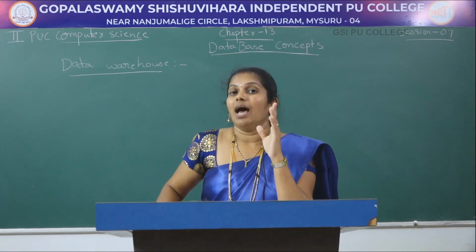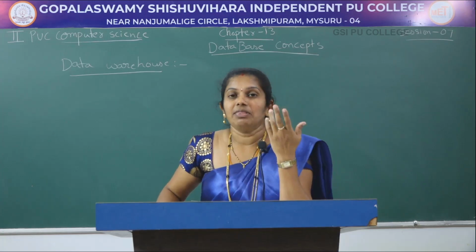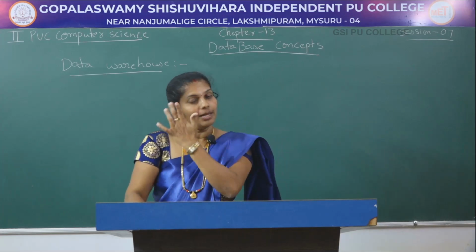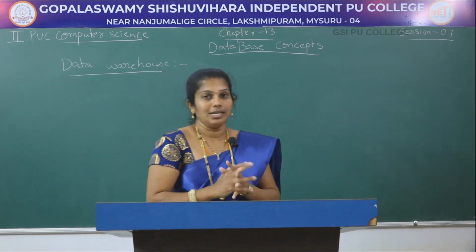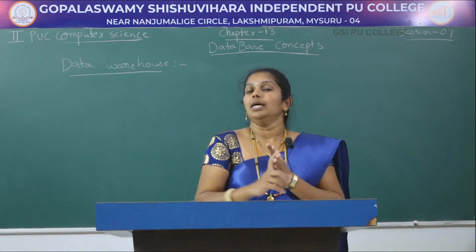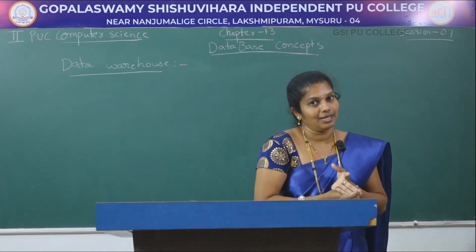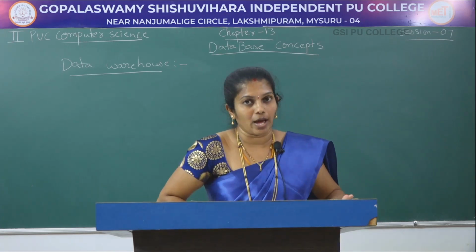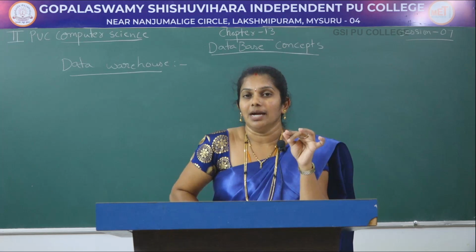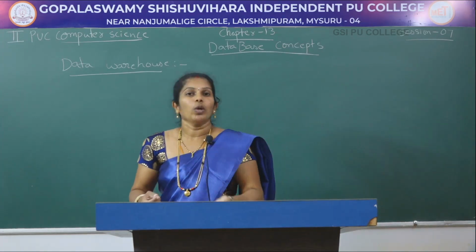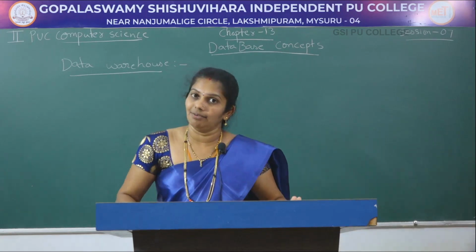When you come to data abstraction, there are three levels: first internal level, second conceptual level, and the last one external level. When we come to data independence, what do you mean by data independence? It is nothing but the ability of a schema to change at one level without affecting another level.